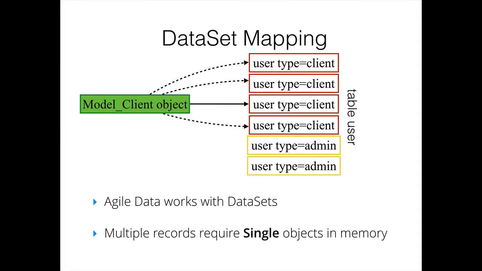And Agile Data creates one object for the whole set of rows. One record in memory can represent multiple records in a table. Now, the way it defines this is not by listing all the IDs, but by listing conditions. In this scenario, the condition is that the type equals client.